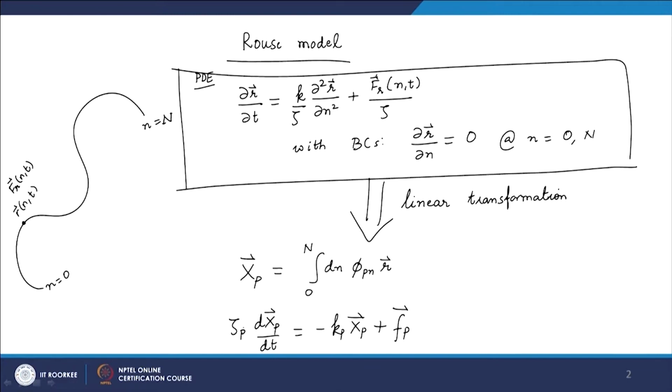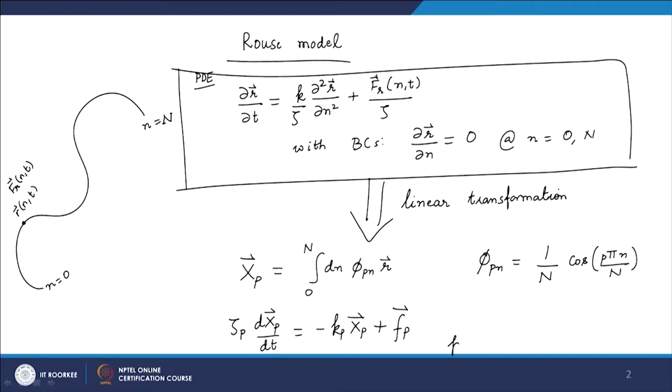Essentially we have derived phi_p(n) to be 1/N cos(p pi n/N).